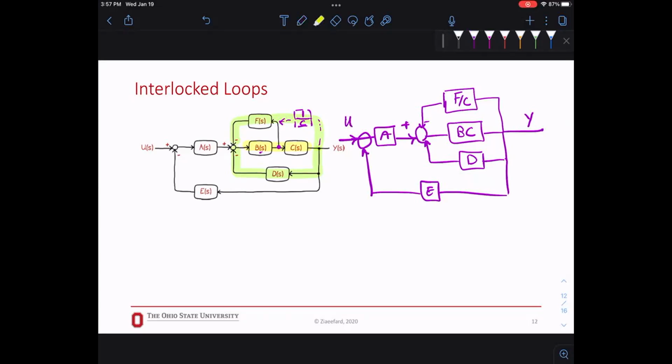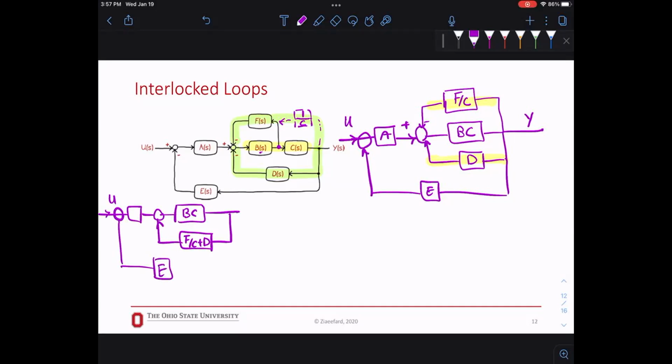Now from here, these 2 are parallel, and I can combine them, and it becomes BC. This is parallel F/c plus D. Now I see that feedback loop. That's E, that goes here, Y. So this is a feedback loop.